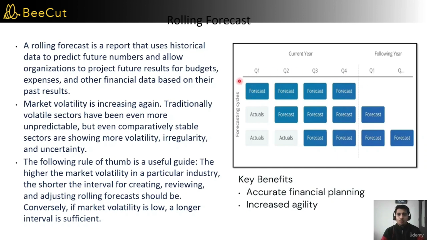Now as soon as Q1 gets over and I have Q1 actuals in my hand, I'll give a forecast for the next 4 quarters, which is the next 1 year. With the actuals I have for Q1, I'll revise the forecast for the next 3 quarters, and I also give the forecast for the fourth quarter.